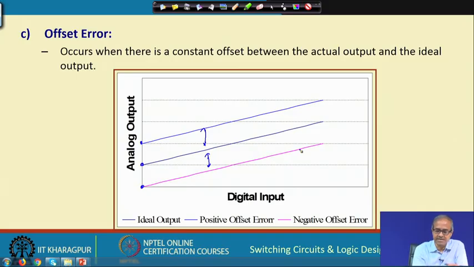This is called offset error. There is a constant offset between the actual output and the ideal output. Suppose this middle one is the ideal output and this is the actual output you are getting, there is a constant offset.